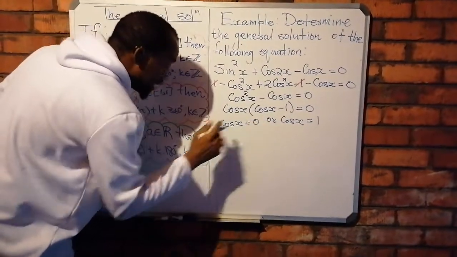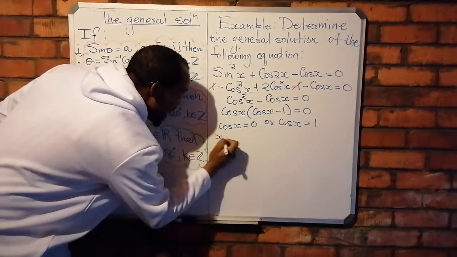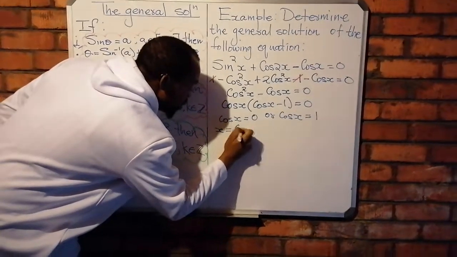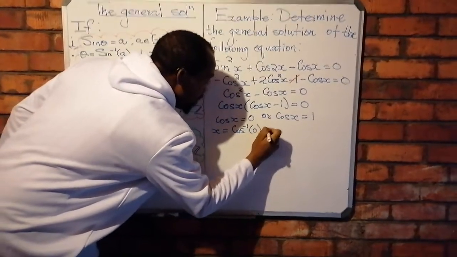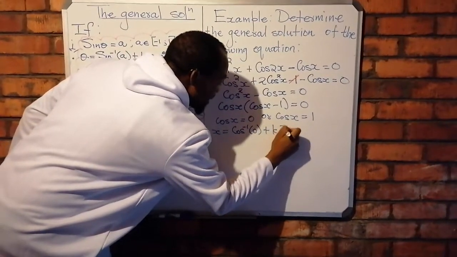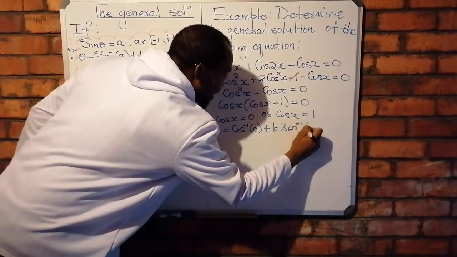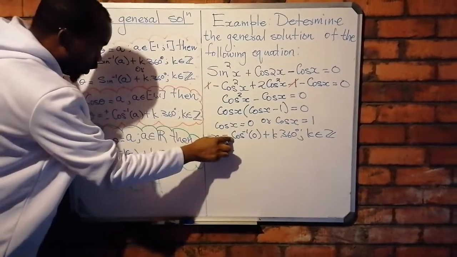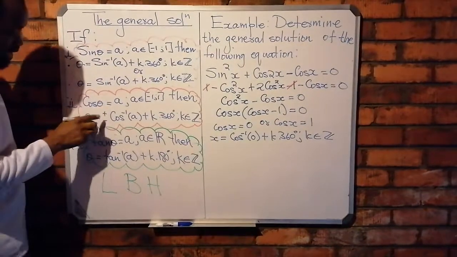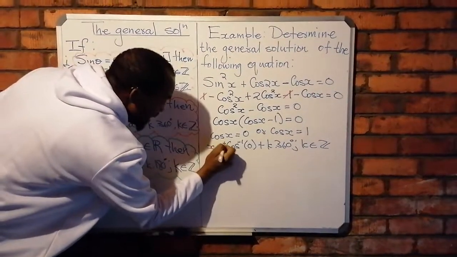That means that I can write this as x is equal to arc cos of 0 plus k times 360 degrees, where k is an element of integers. Don't forget that it is positive or negative.